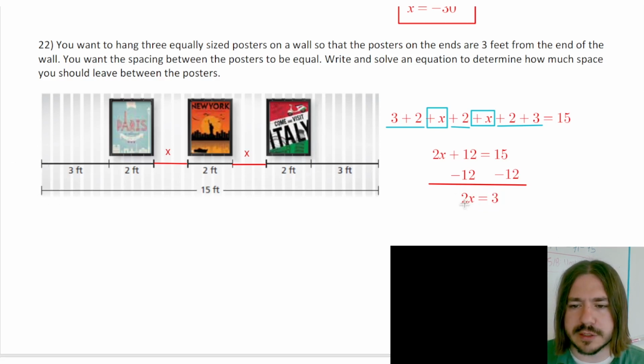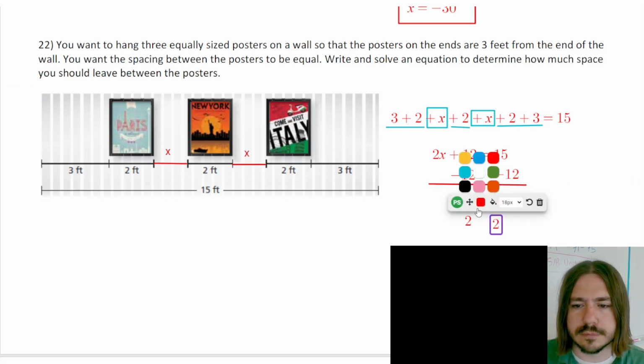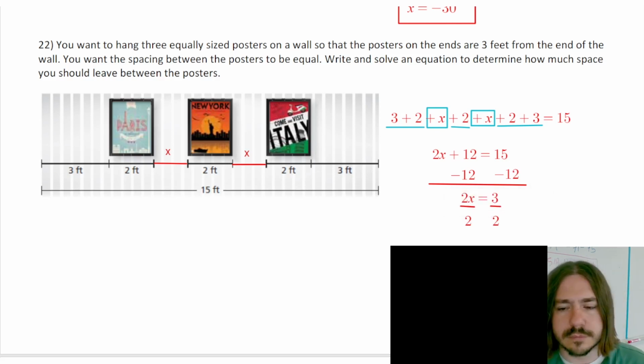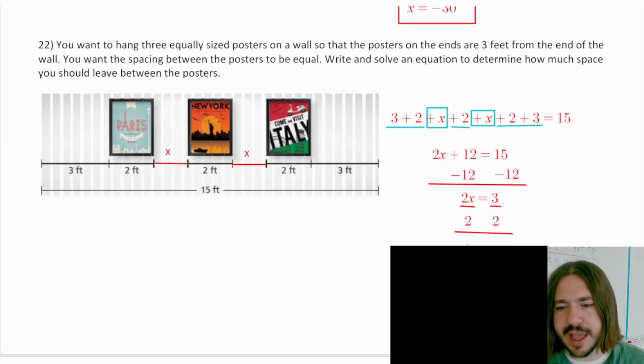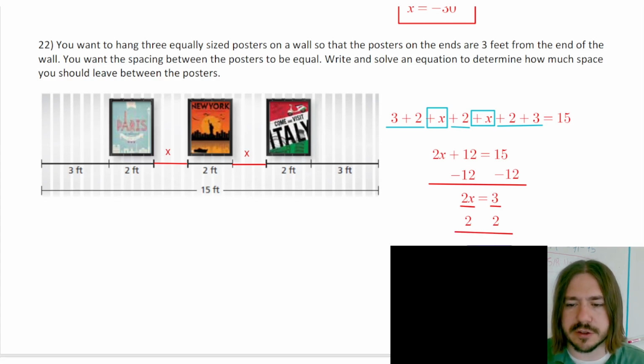So divide both sides by 2. And then our final answer here will be 3 divided by 2, which is, you can leave it as 3 halves, or, if you like decimals better, you could say 1.5.